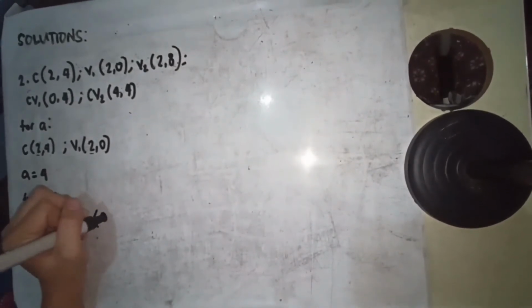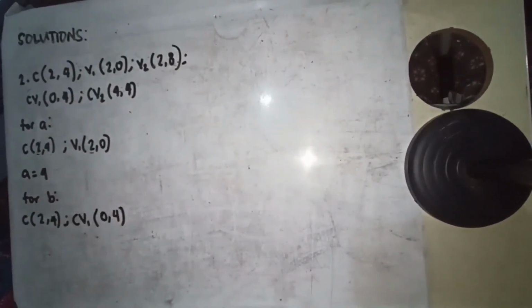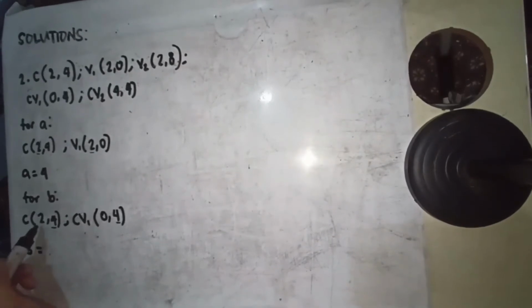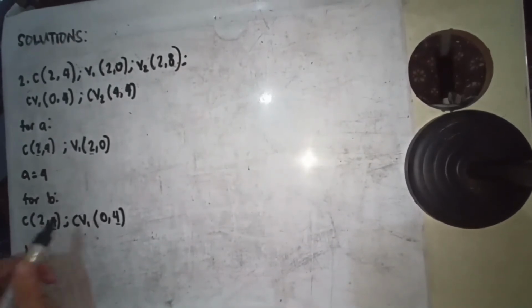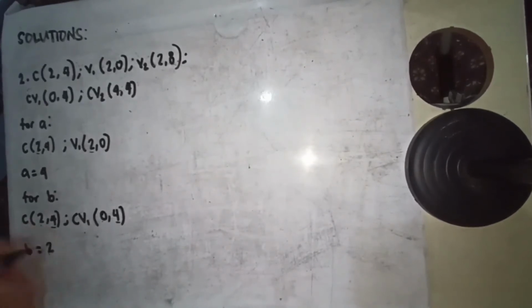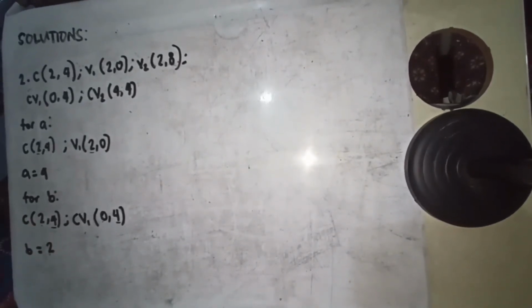So, CV sub 1, we have 0 and 4. For B, in this case, the coordinates that have the same value are the y. So, what we subtract will be the x coordinates. So, 2 and 0, we have 2 minus 0, that is 2. So, our B or distance B is 2.